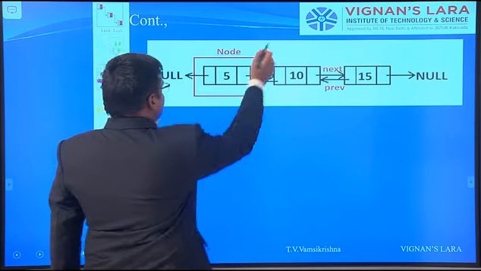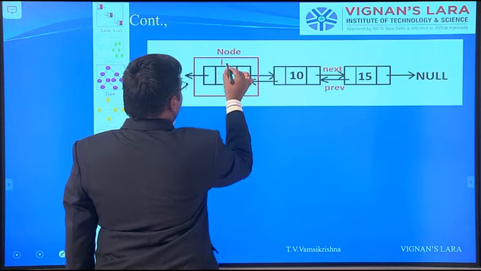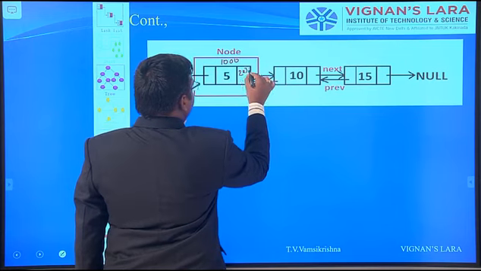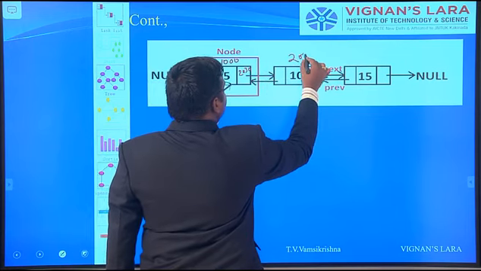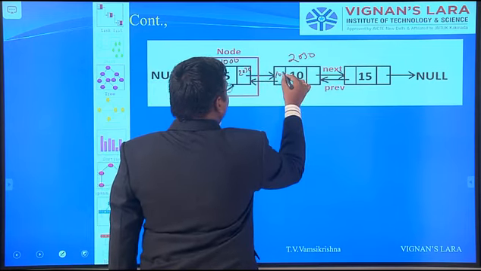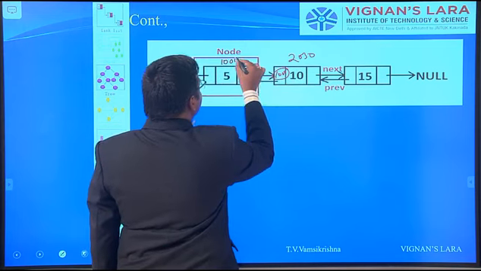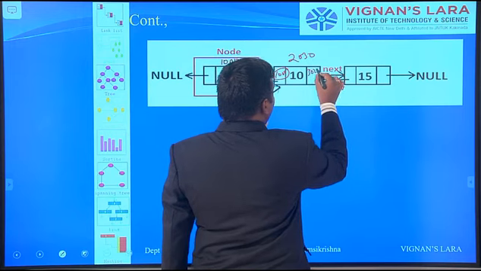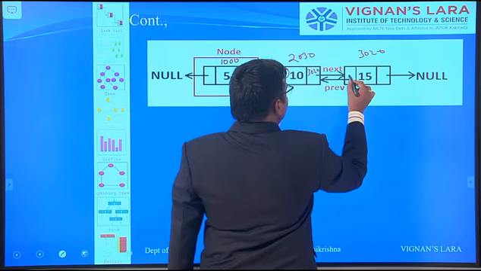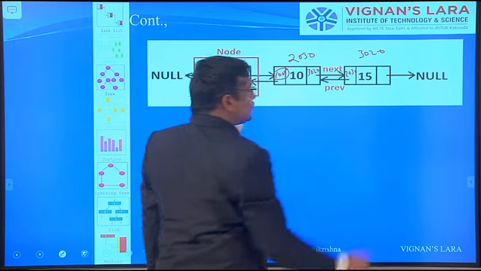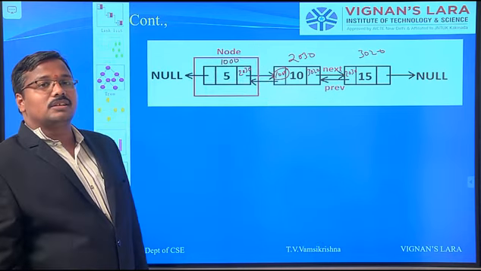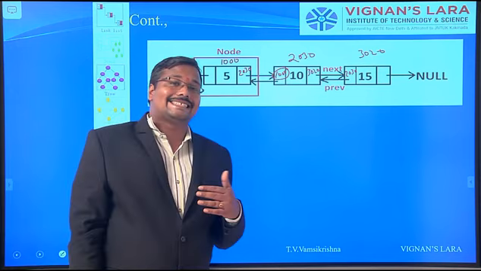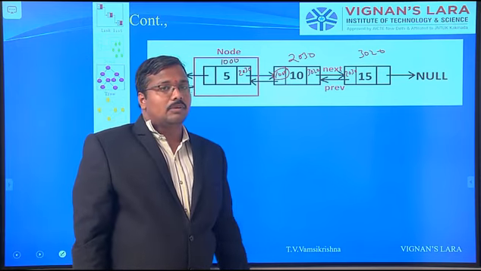I will show the memory locations also. Say 1000 and 2030. This is the 2030 node address, and here 1000 is the previous node address. Then, just assuming address 3020, here the 2030 address is also there. That is the kind of additional benefit with the double linked list.